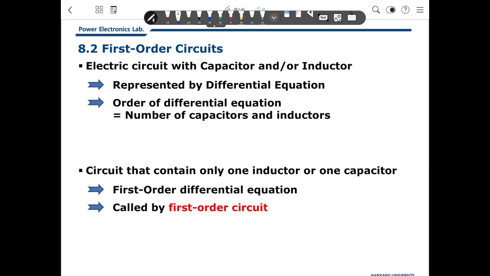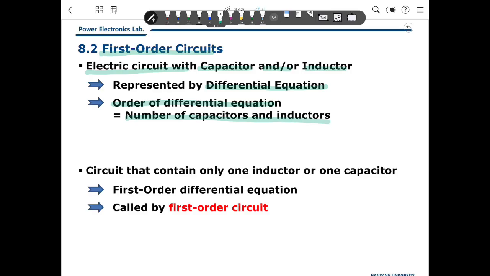The first order circuit. What is the first order circuit? In electric circuits, a first order circuit is defined as an electric circuit with a capacitor or an inductor. This electric circuit is represented by a differential equation. So the order of the differential equation is the same as the number of capacitors and inductors.